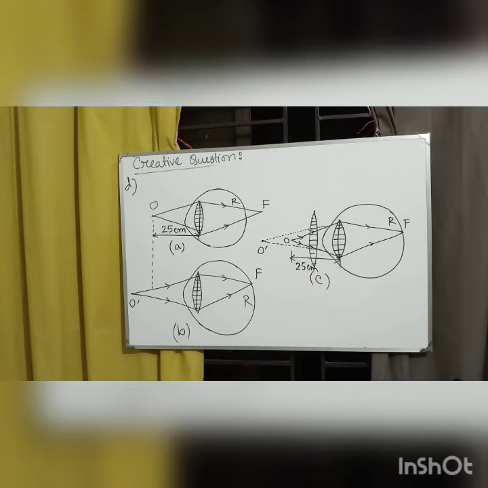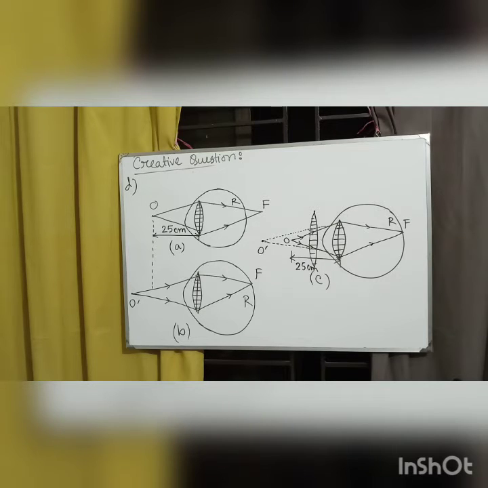So what is hypermetropia? Hypermetropia means long sight. A person with this type of defect cannot see an object from the least distinct point. We know that for a normal eye the least distinct point is 25 centimeter.